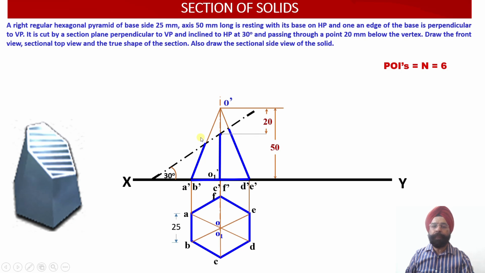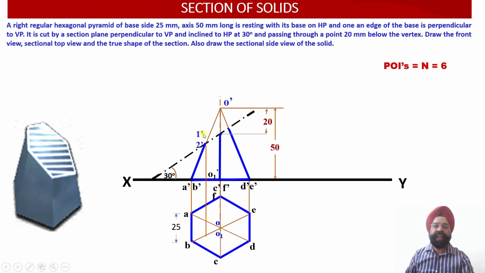So the names of the points will be 1 dash and 2 dash. 1 dash point will be lying on O dash A dash, and similarly 2 dash point will be lying on O dash B dash. Now we will be transferring these points to the plan view over here. So let us do it. Please check, I have drawn a vertical projector line corresponding to these 2 points. So let us mark these 2 points. The names of these points I have marked as 1 dash and 2 dash.